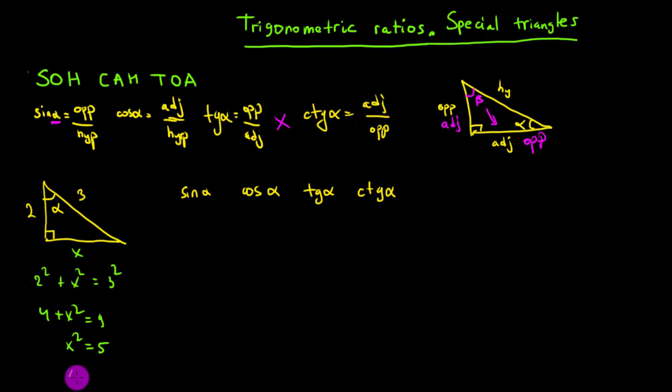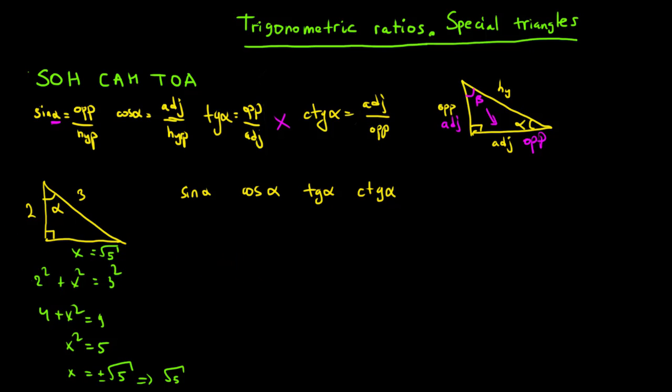So x would be equal to plus or minus square root of 5, but since this is a length, we only take the positive one, because there is no negative length. So x is square root of 5.